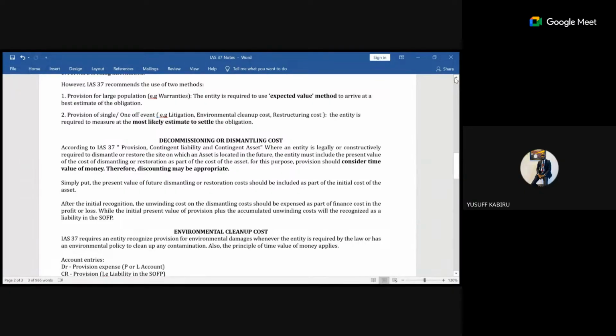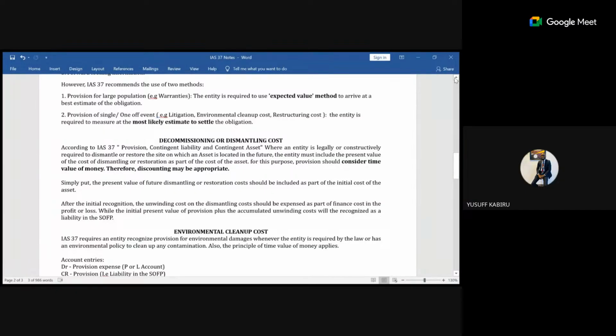What am I going to do? I'll debit my provision expense in my P or L. Then I'll make provision in my SOFP. I'll credit my provision. That's it. Then next month, immediately I settle that 10 million naira, I'll debit my provision in the SOFP, not P or L, then I'll credit my bank since I have paid.